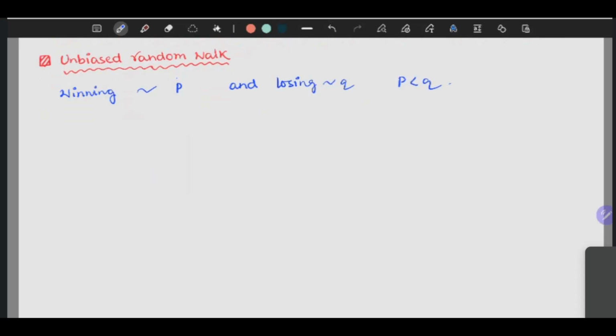So let's find out the recurrence relations for this. Let's say we have that problem of the fate of Lux.